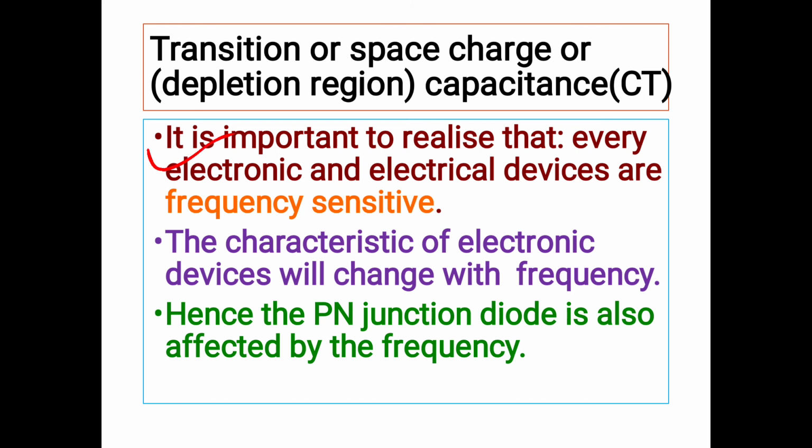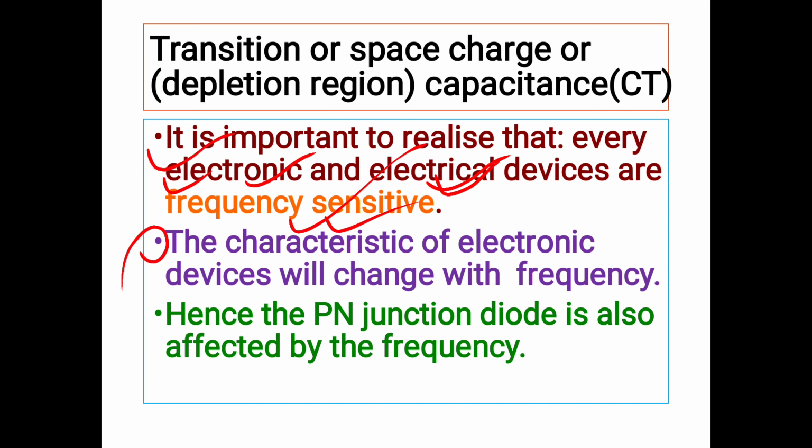So the first point is that it is important to realize that every electronic and electrical device is frequency sensitive. If you take examples of electronic devices such as operational amplifier, diode and transistor, these devices are frequency sensitive, and electrical devices such as inductor and capacitor are also frequency sensitive.